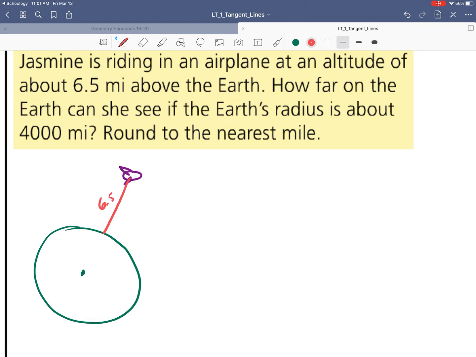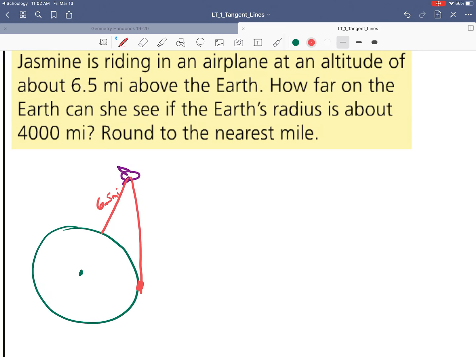So that is 6.5 miles above the Earth. How far on the Earth can she see if the Earth's radius is about 4,000? So what we're asking is how far can she see here to the point of tangency out at the horizon?